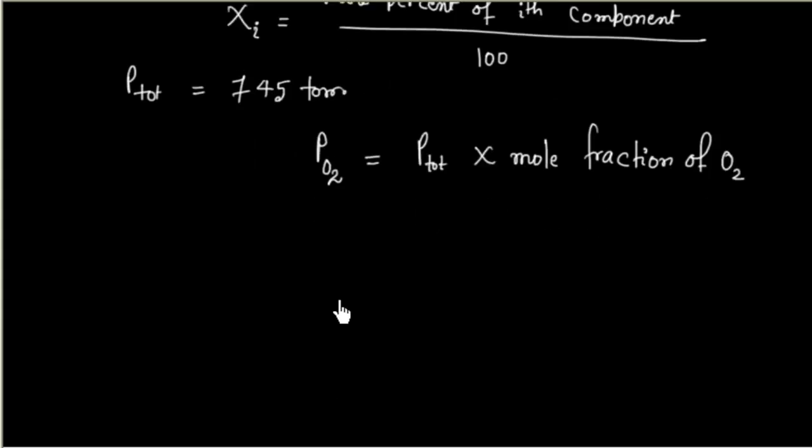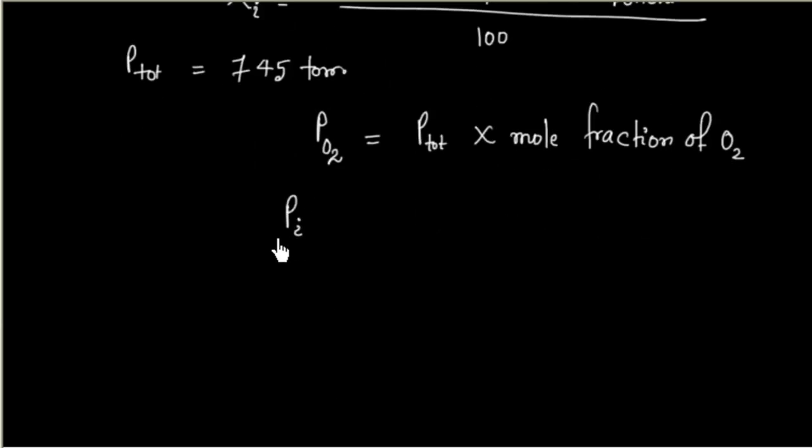So basically we are applying this formula: partial pressure for the ith component is equal to P total times the mole fraction of the ith component.